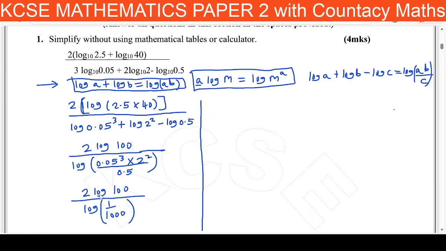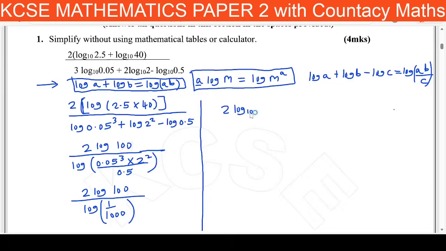So when you've got such a case like this one, what you try to do is convert this number into 10 to power something. Therefore, this is going to be 2 logarithm. For this case, remember we say that we can write base 10 or we can leave it like that. There is no harm. So we have 2 logarithm.